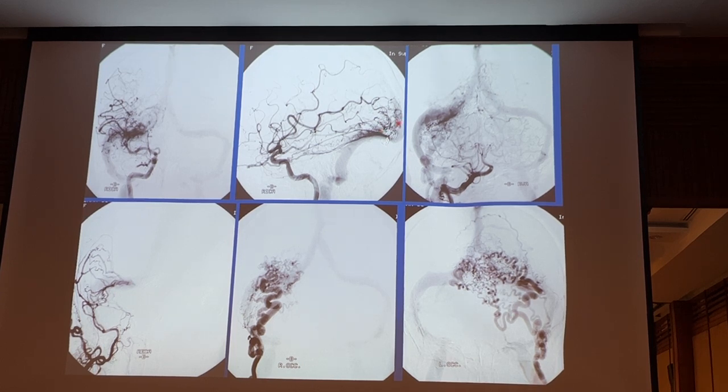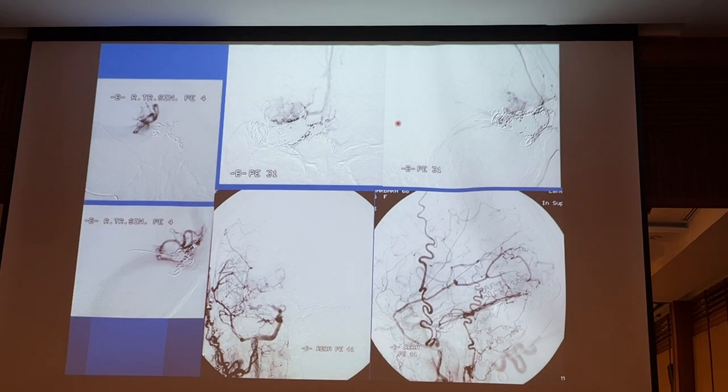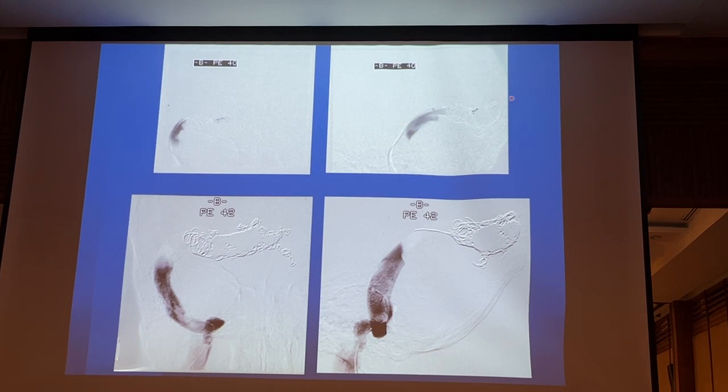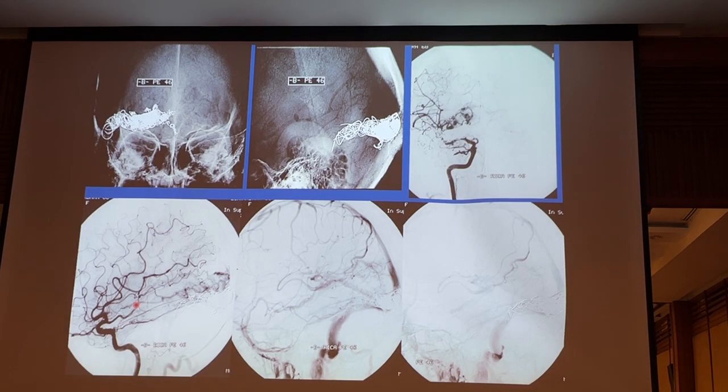So we decided to completely close this transverse sinus. We closed all of this and were able to close off everything. You can see the stagnation of contrast material in this sigmoid sinus. It means the shunt is closed. We used, I don't know how many, 48 coils. And this is the final angiogram.